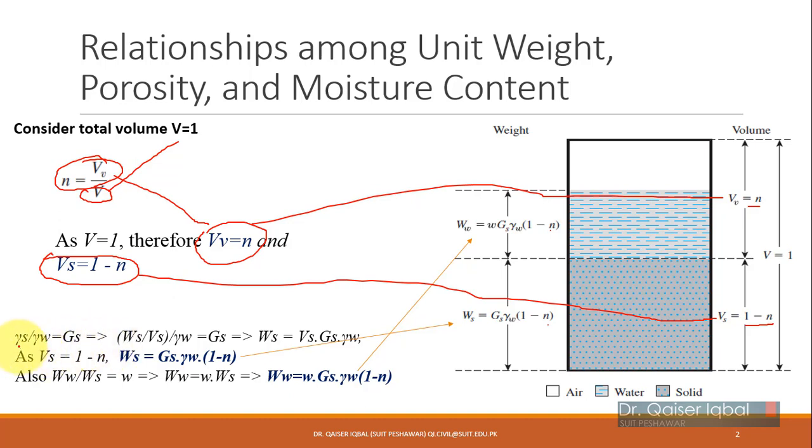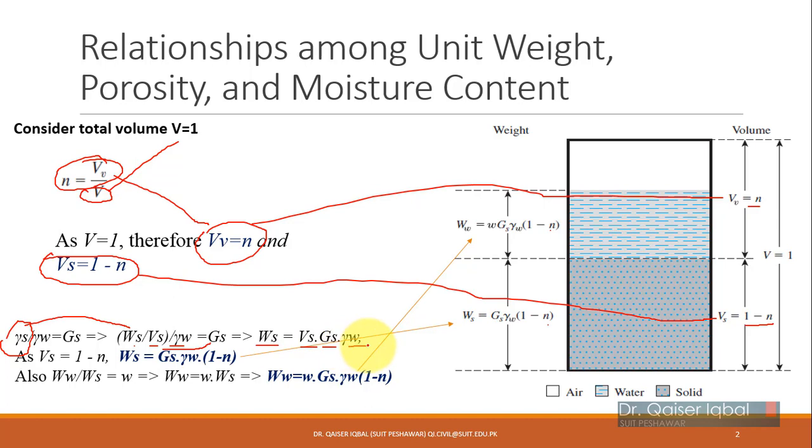Now unit weight of soil solids is basically equal to weight of soil solids divided by volume of soil solids, so just replacing this with its representation in terms of Ws divided by Vs. Now further simplifying this equation, keeping Ws on the left hand side while taking Vs and gamma W on the right hand side with the Gs, this can be rewritten as Ws is equal to Vs into Gs into gamma W.